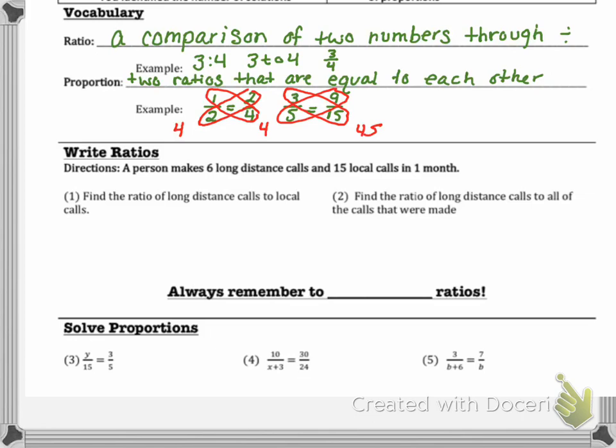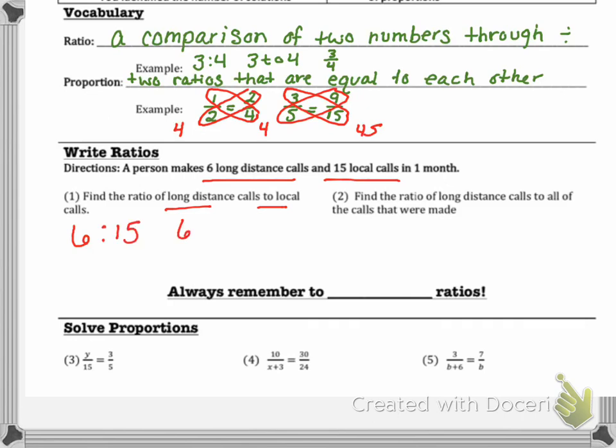Looking at our first couple examples, it says a person makes 6 long-distance calls and 15 local calls in a month. Okay, so number one, we're just going to get practice with writing a ratio. Number one says find the ratio of long-distance calls to local. So long distance were 6, local were 15. That's one way to write it.